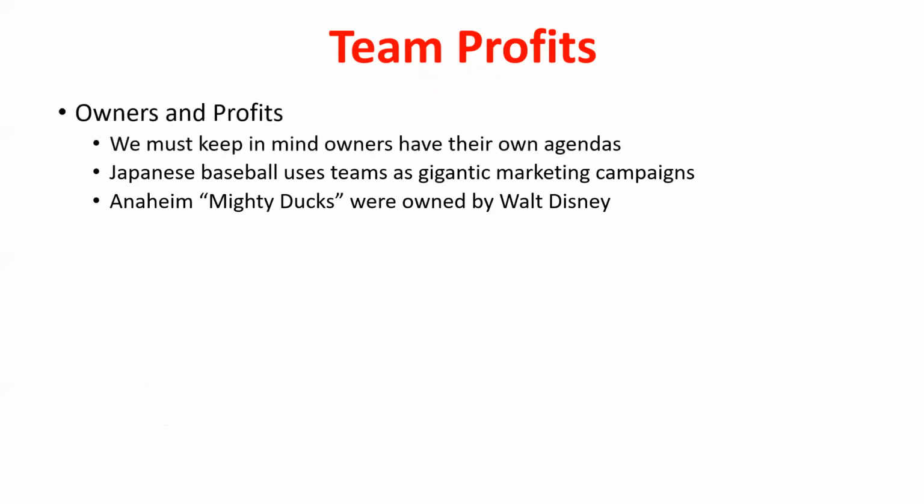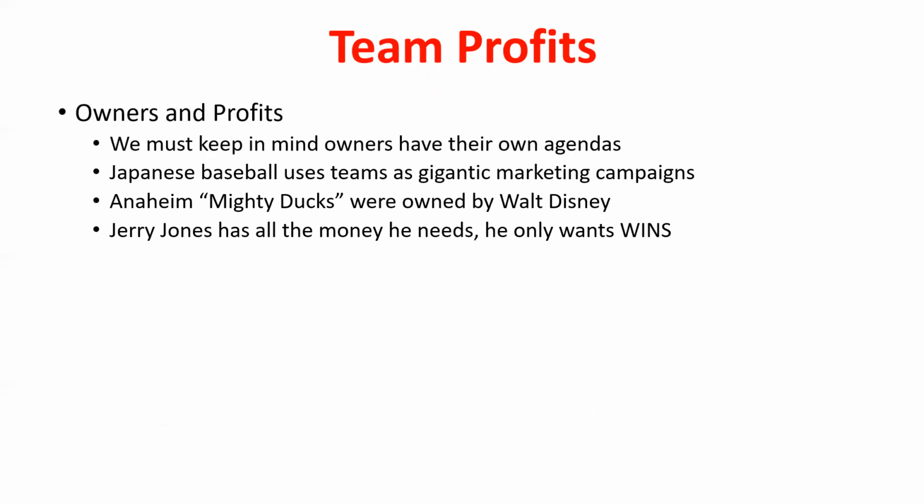We're talking about profits. One thing we have to keep in mind is these teams are owned by owners who are usually multi-millionaires, if not billionaires, in some other sectors, right? So when we look at teams, usually we would say that profits can't be negative forever.